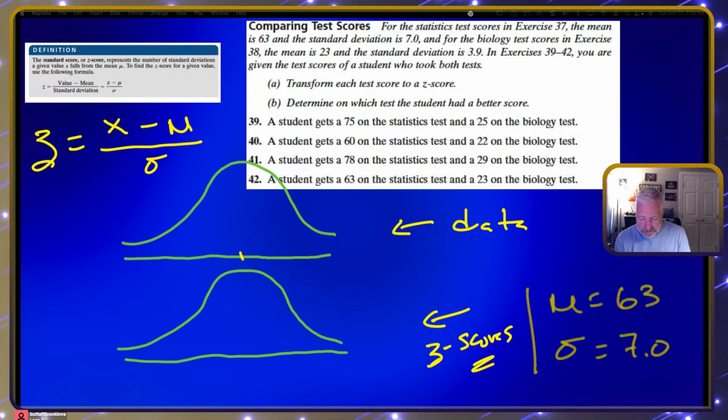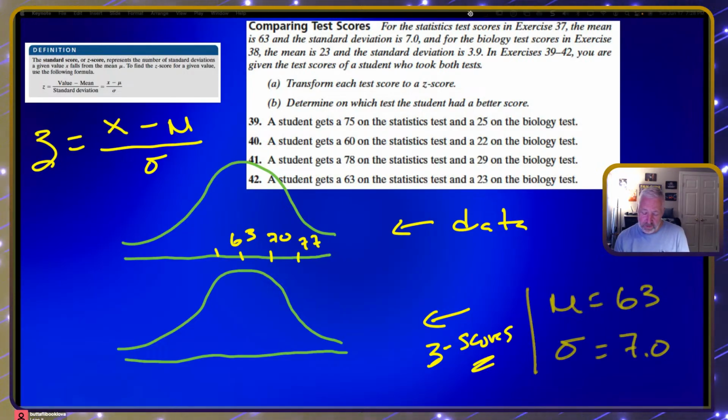The mean is 63. One standard deviation would take you out to 70, another would take you to 77, and so on. If you went backwards 7, you'd be at 56, and if you went 7 back again, you'd be at 49. So there are 2 standard deviations on each side of the mean, which is 63.